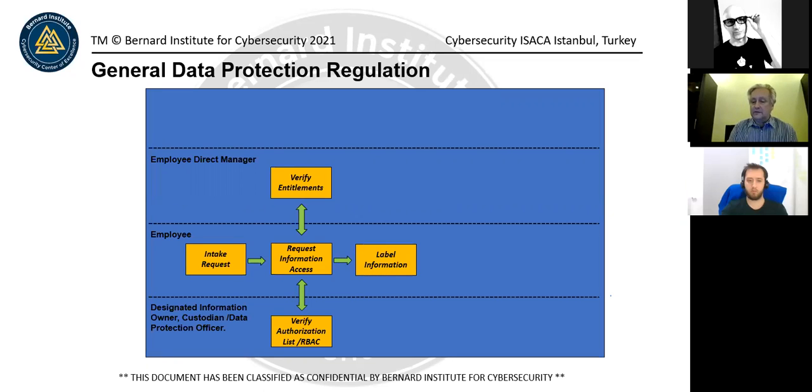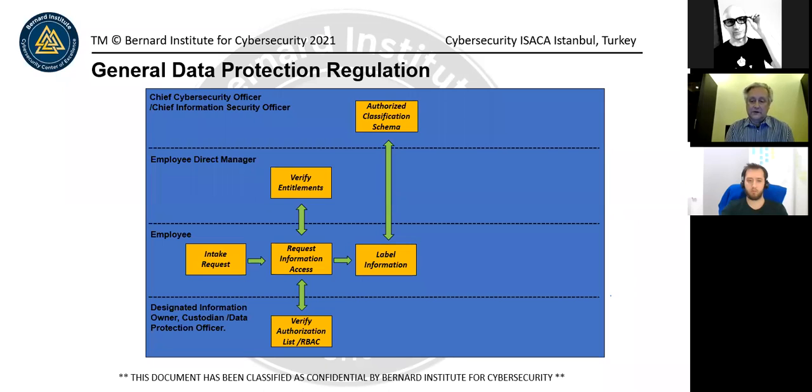Then, of course, labeling information. This could be done automatically within a number of automated systems such as webmail or email. Outlook provides this. Office 365 provides labeling. Also, if you're manually copying information to a thumb drive or sharing it with somebody in some kind of fashion, it needs to be labeled properly. The authorization classification schema is important to the labeling process so that you know how to label that information.